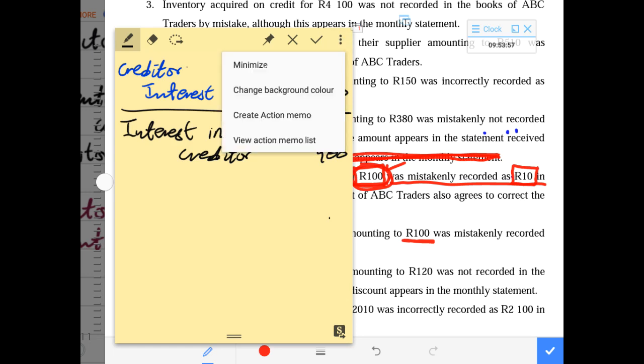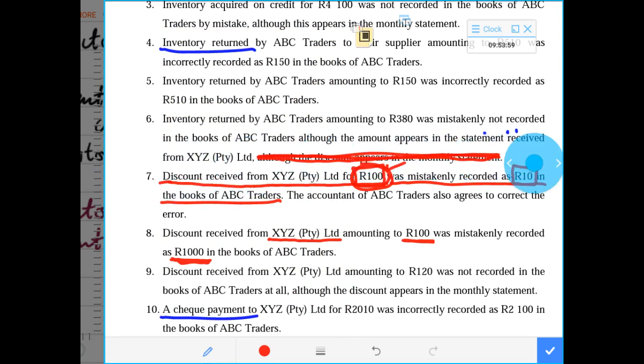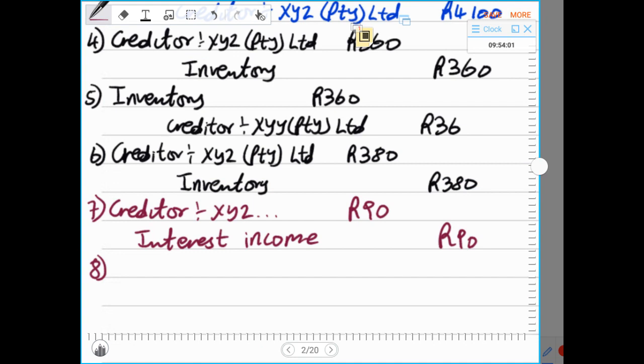This is the mistake they have done. So now let us go and correct the error by recording interest income, which is a discount, of an amount of 900 rand.